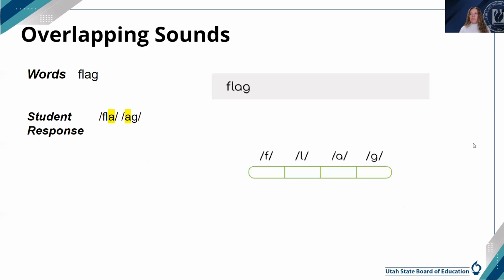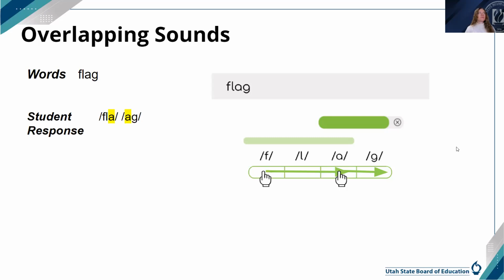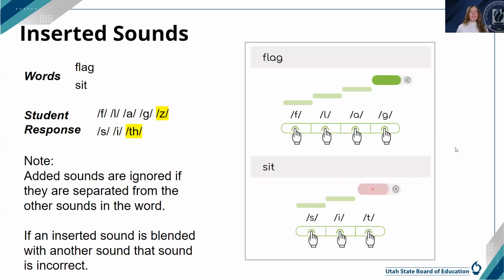If a student overlaps those sounds, we're just going to indicate that. So the student says fla, ag, you're going to just swipe across the FLA and then across the AG to show that the student has repeated sounds. If a student inserts sounds when completely segmenting, then we're going to ignore the inserted sound. If a student inserts a sound and blends it with another sound, we would mark that sound as incorrect.